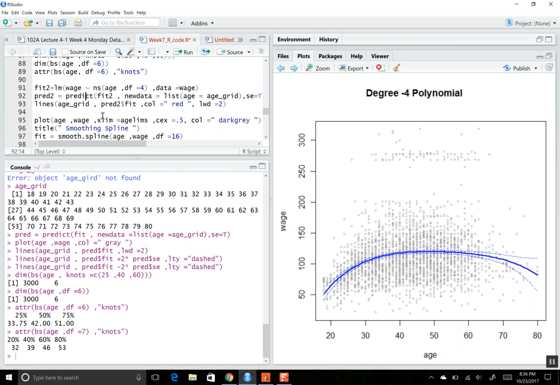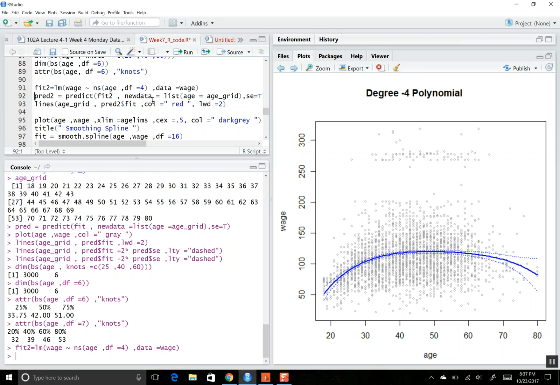With the basis splines, I was able to explain how those basis spline functions come in with the h and the xi. With the natural splines and the smoothing splines, it's a little bit more complex, but the net result at the end is going to be fairly similar. So I'll just show you what this might look like.